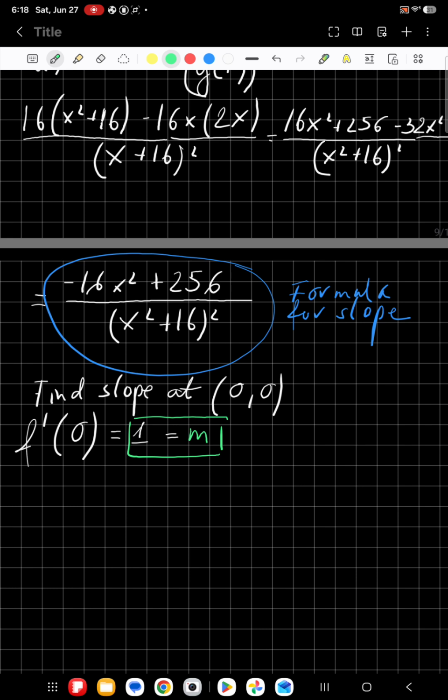And that's not the final answer, so we need to find the equation. We can use the point slope formula, y minus y1 equals m times x minus x1.